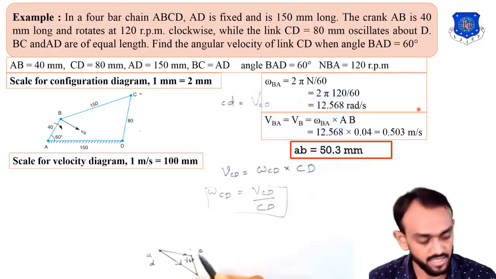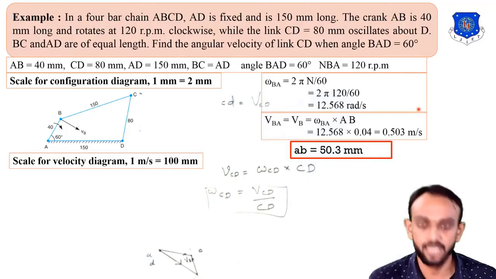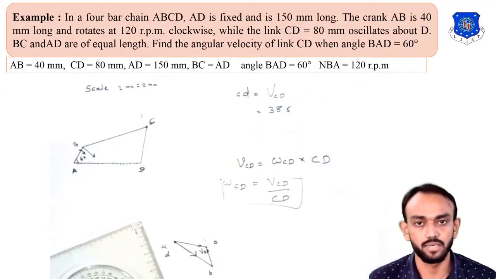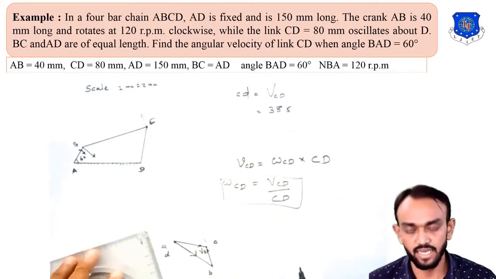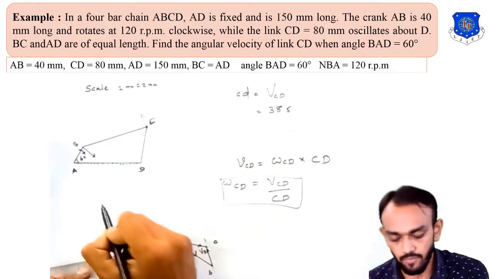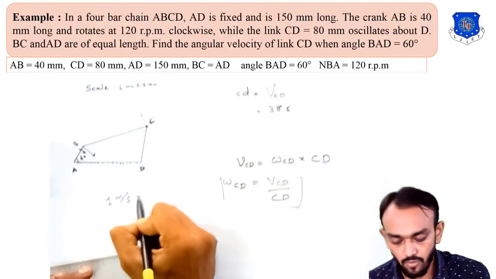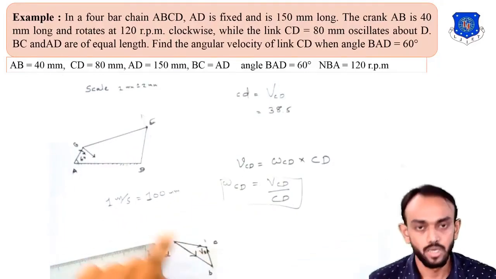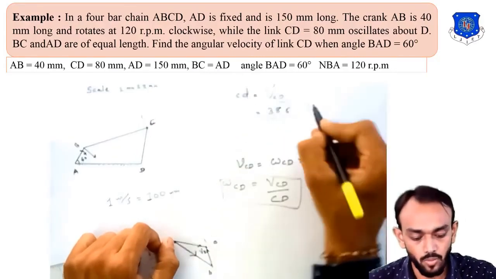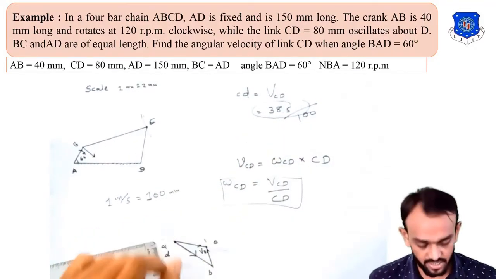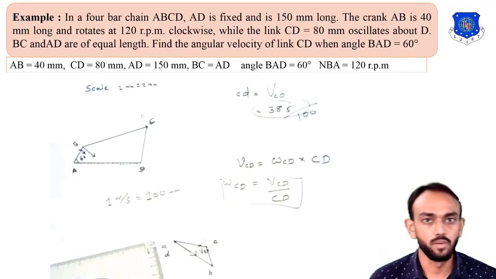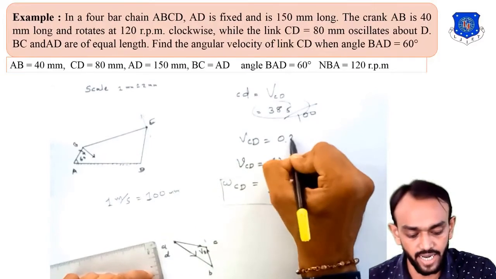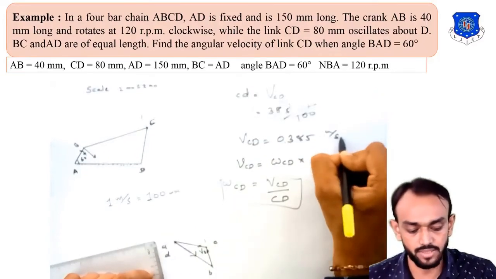Measure this CD distance here. We measure the CD distance as 38.5 mm. We have taken the scale here, which is 1 meter per second equal to 100 mm. So we divide this value by 100, and you get the velocity of CD equal to 0.385 meter per second.